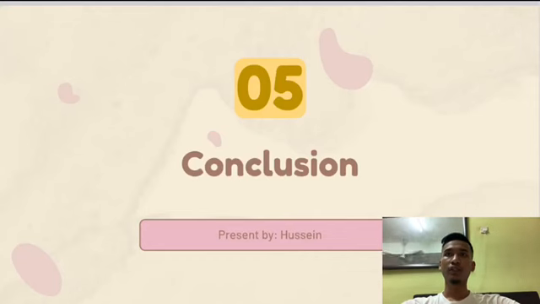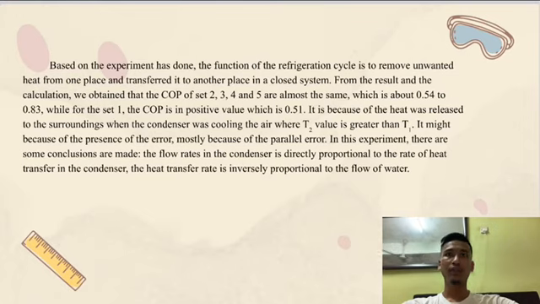For the conclusion, based on the experiment that has been done, the function of the refrigeration cycle is to remove unwanted heat from one place and transfer it to another place in a closed system. From the results and the calculation, we obtain that the COP for sets 2, 3, 4 and 5 are almost the same, about 0.54 to 0.83, while for set 1, the COP is a positive value, which is 0.51.